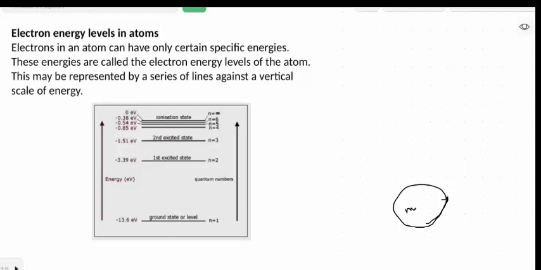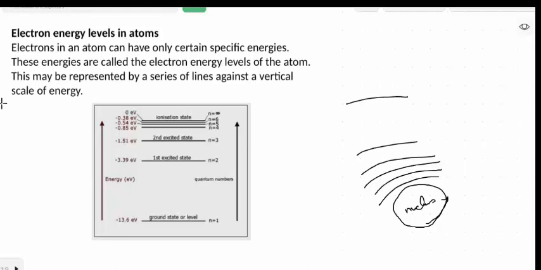The electrons are around the nucleus, and we have many levels for the electron. You may find the electron here, here, or here, but you can't find it between these levels. Is that clear? These are called the electron energy levels or energy states. The diagram here is for the hydrogen atom.